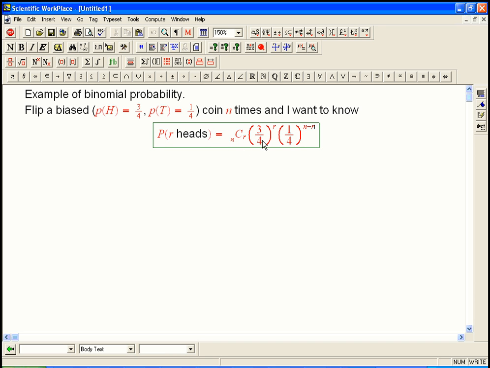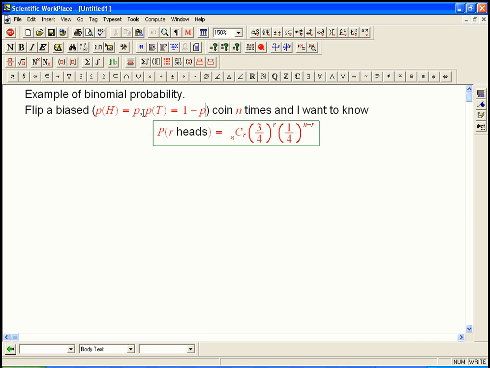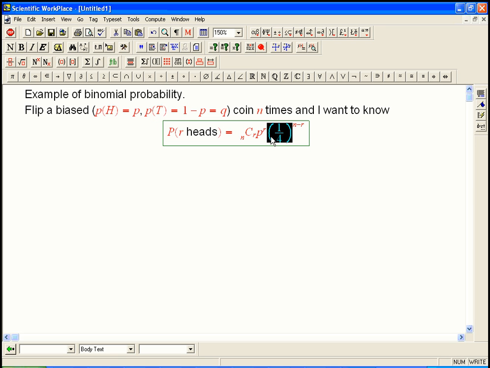And so in general, let's just change this to some number p, and therefore this number is going to be 1 minus p. It's often abbreviated q. And then this is just going to turn into p, and this is going to turn into q, but I'll just leave it as 1 minus p.